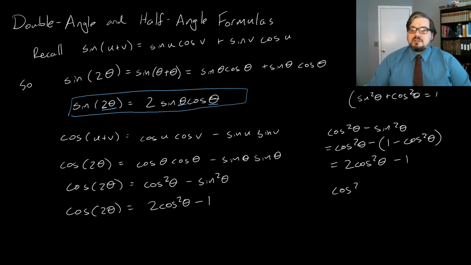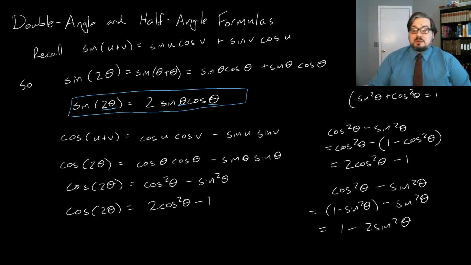If we do this the other way and replace cosine squared with 1 minus sine squared in this expression, then we get 1 minus 2 sine squared theta is also equivalent. This is an equivalent expression to cosine squared minus sine squared.